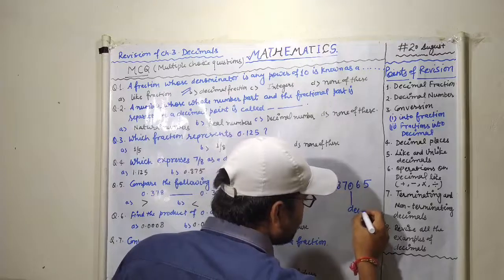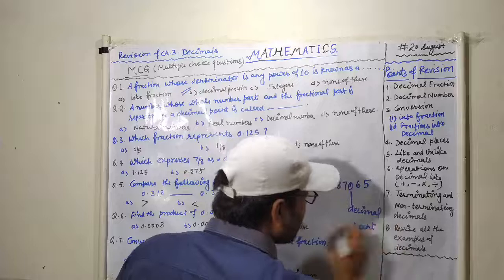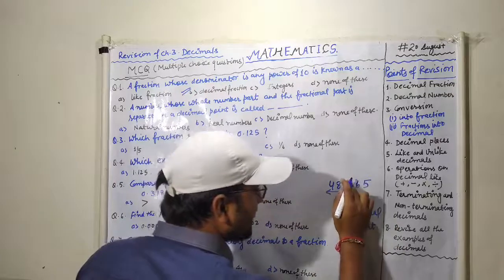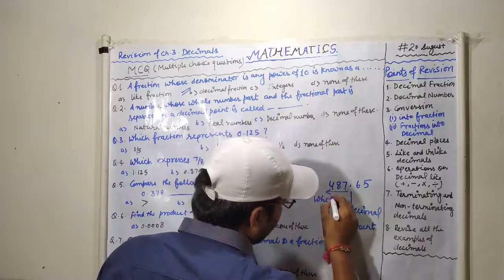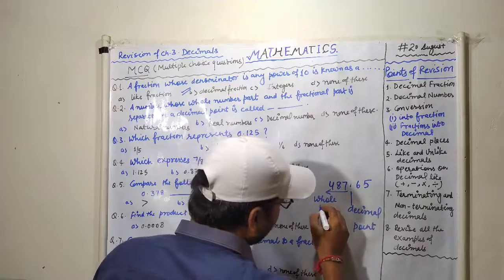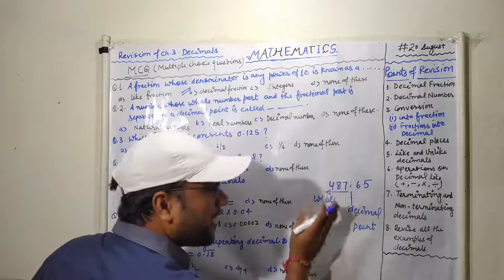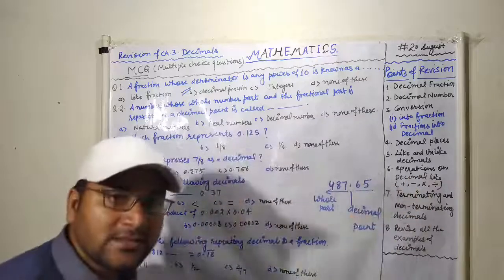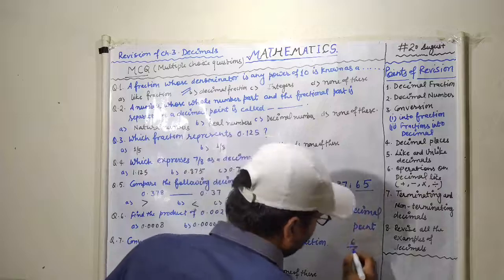Okay, and the left side of the point is known as the whole part or integral part, the whole number part, and the right side is known as the fractional part, means 0.65, means 6 upon 10.